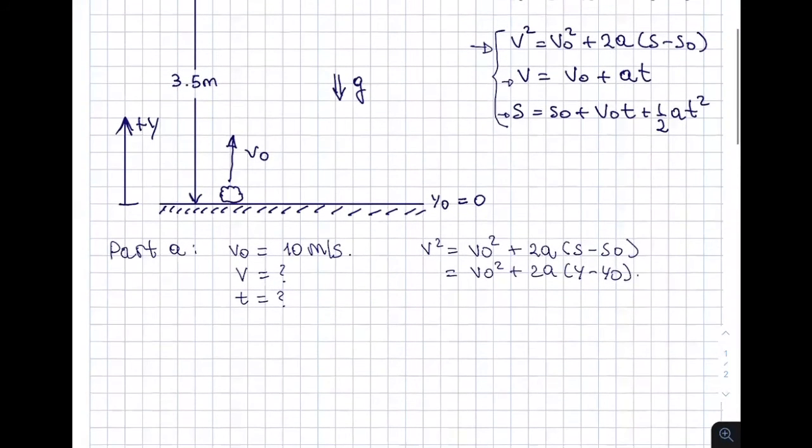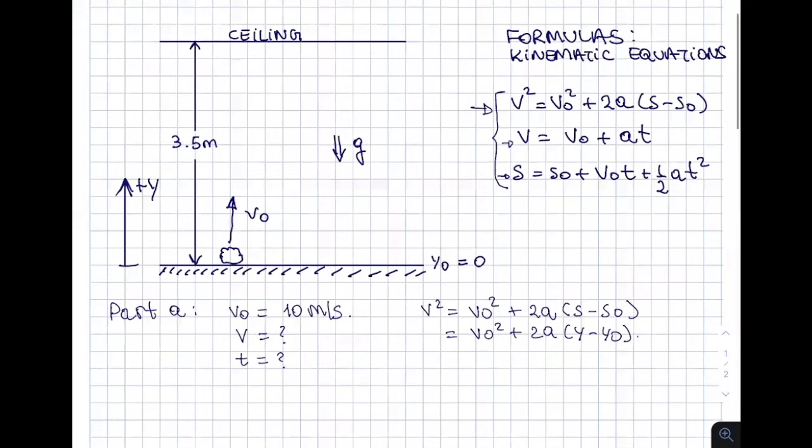This is a free fall problem, so the constant acceleration in this case is the gravity. Gravity in this problem is pointing downwards, so it has a negative sign, because we said positive y is this direction, opposite of the gravity, so g is going to be negative. v squared is equal to v naught, which we said is 10 meters per second, plus 2.